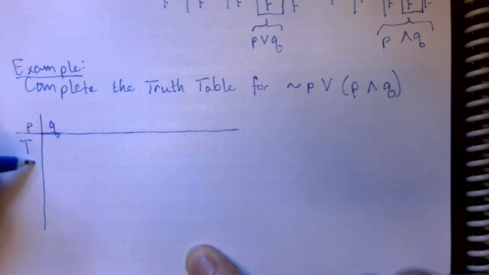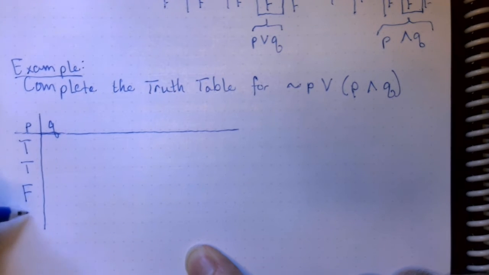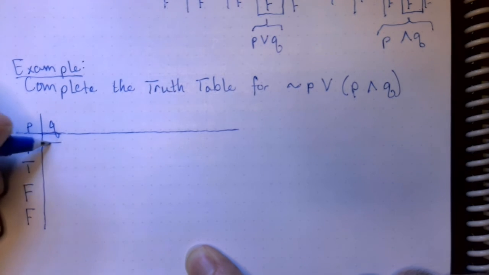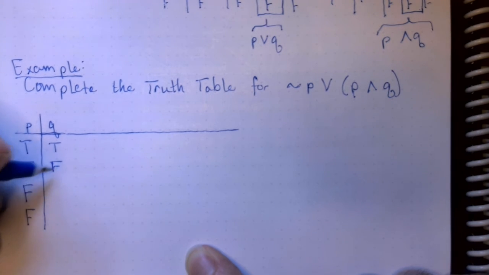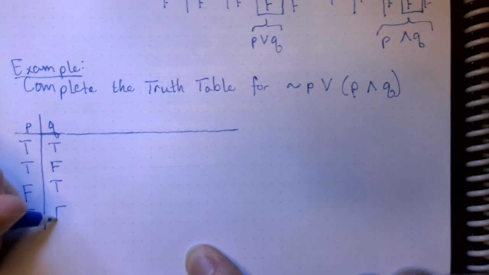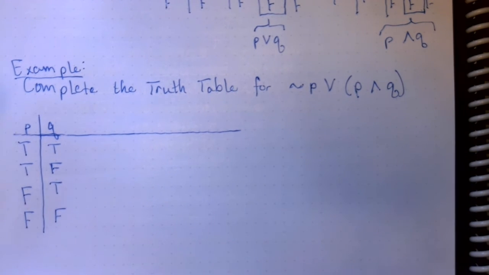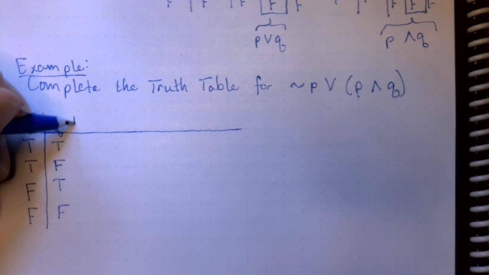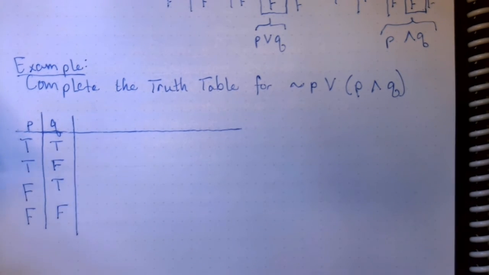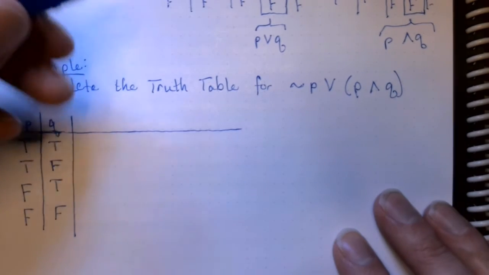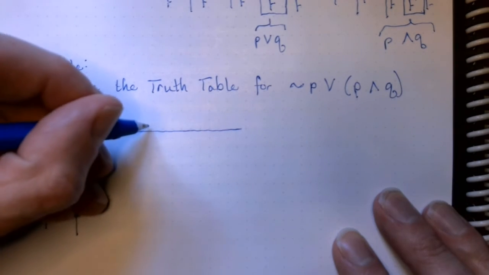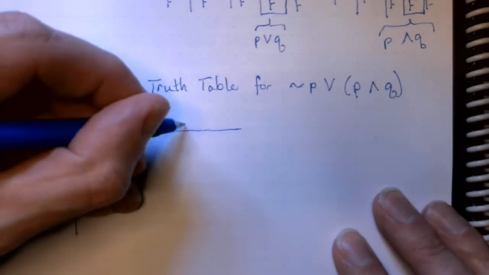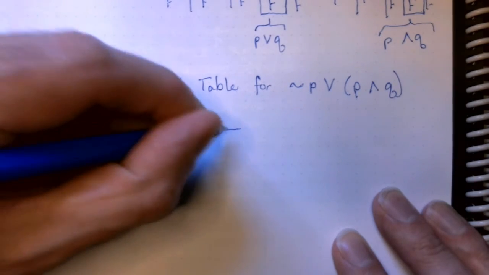I'm going to start with this right here. That covers all possible truth values of the statements P and Q. Okay. Now, I'm going to write out that symbolic statement here.